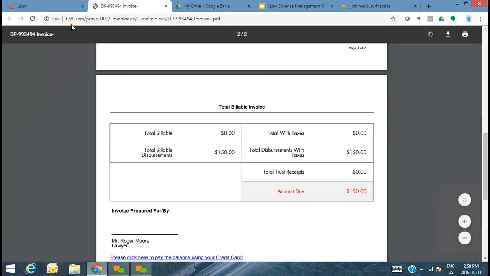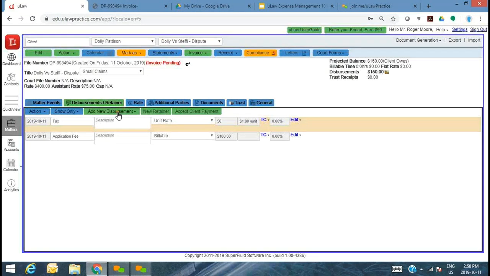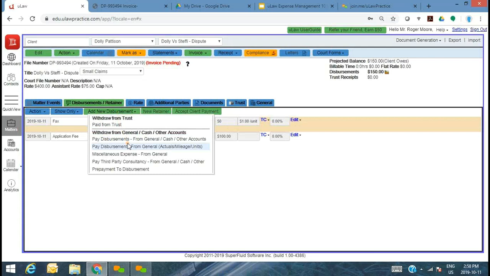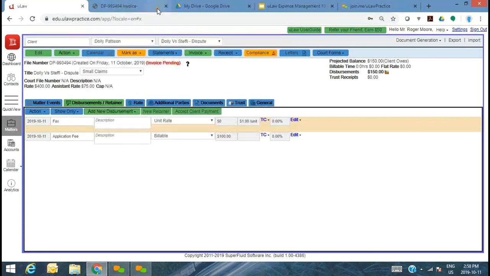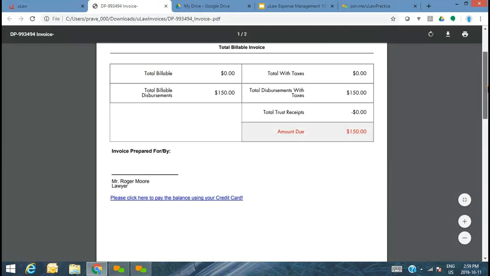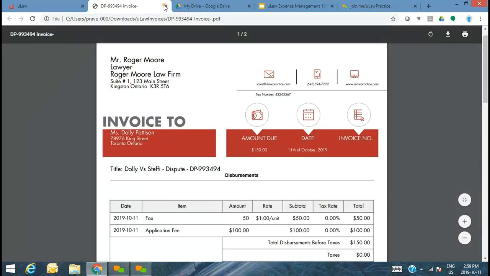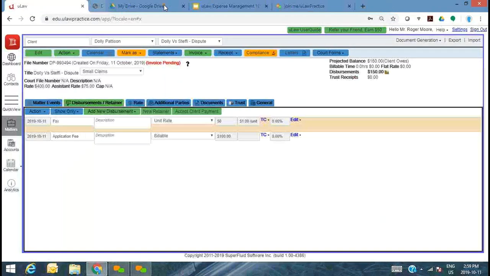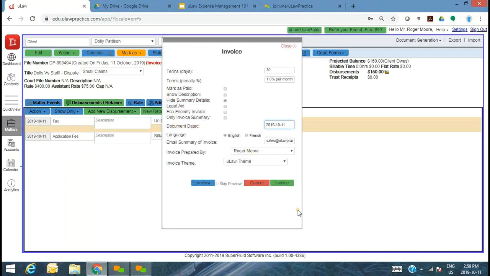So this is your opportunity to make any corrections. Add that court fee if you like. Of course, I'm not going to do that for now, but that's the opportunity for you to make any corrections before you generate the actual invoice. If you're happy with this template and this pre-bill, you go ahead and generate the actual invoice. We call it the complete.